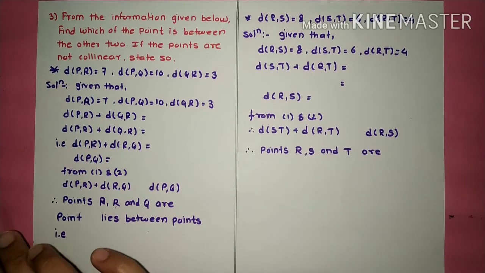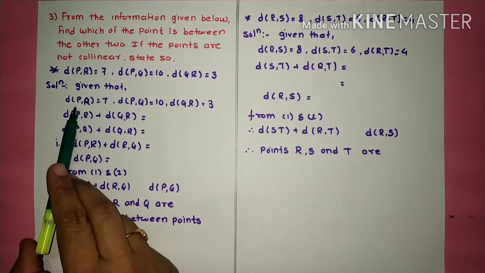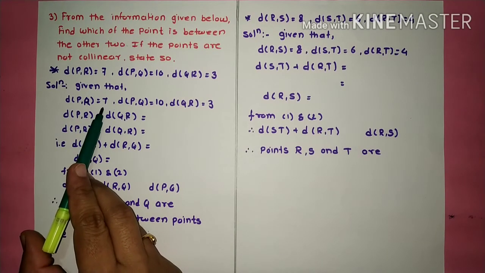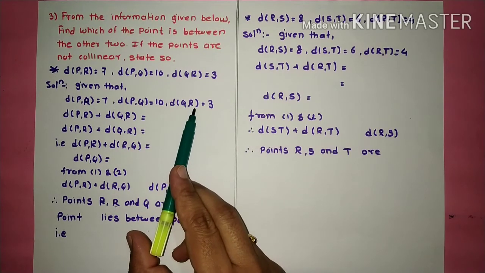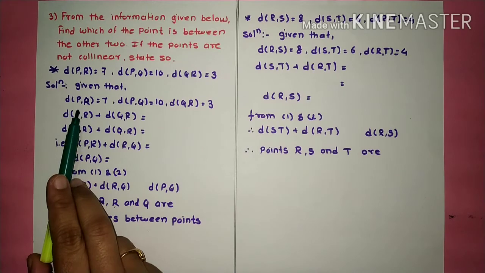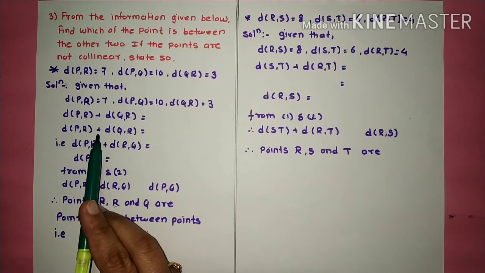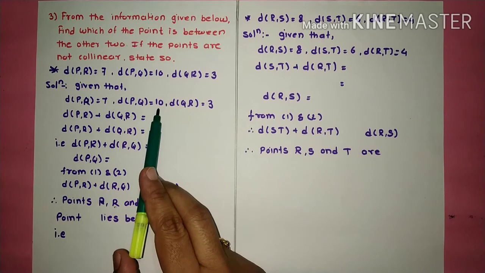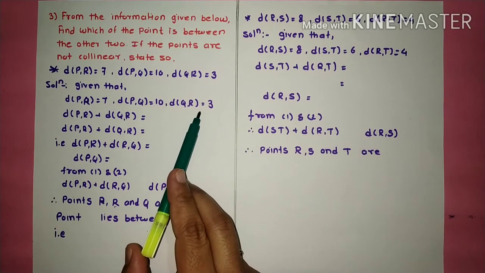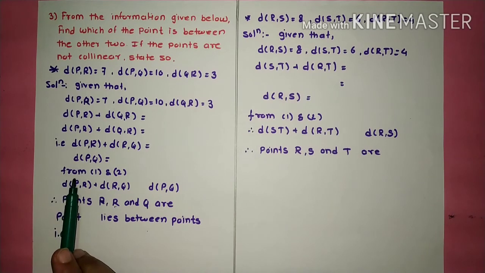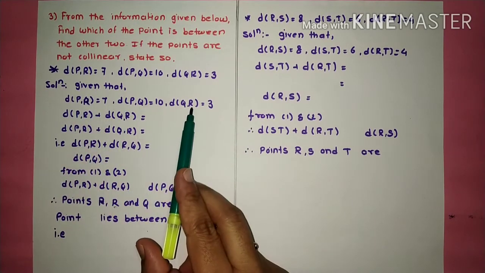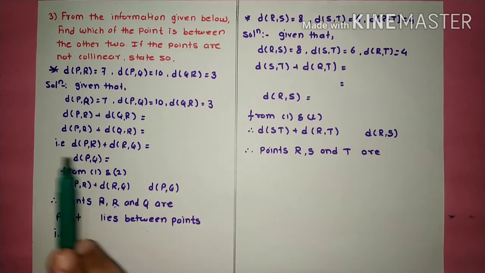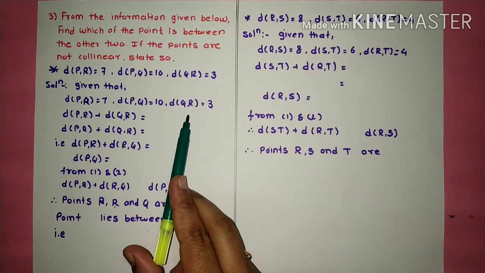Come to the example. Here given that distance PR equal to 7, distance PQ equal to 10 and distance QR equal to 3. Means length of segment PR equal to 7, length of segment PQ is 10 and length of segment QR is 3. First we identify smaller segments. Now the two smaller segments are PR and QR. Remember, here R is the common point.